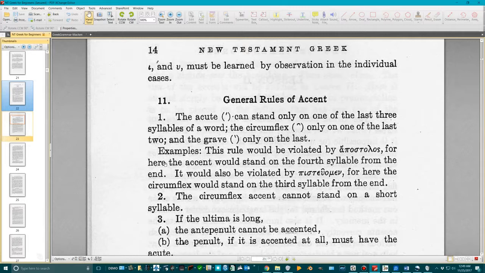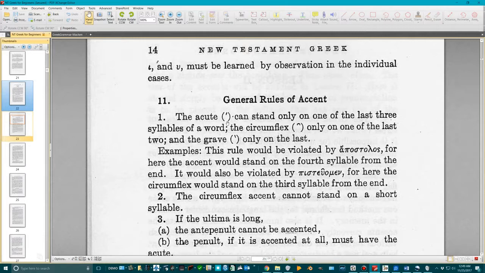First, you have the acute. The symbol looks like a check mark, but it goes up toward the right. This can stand only on the last three syllables. So the acute can land on the ultima, the penult, or the antepenult.